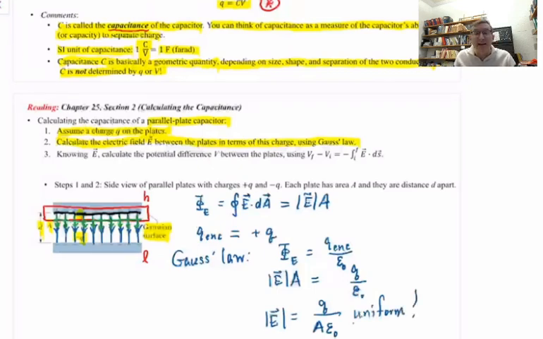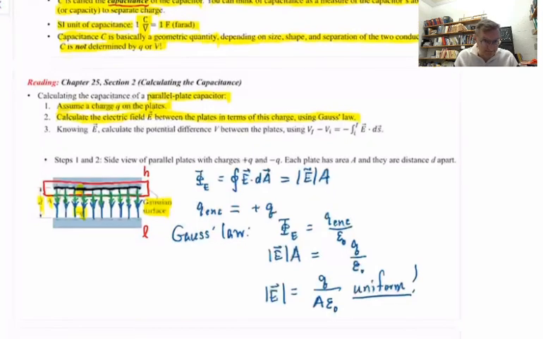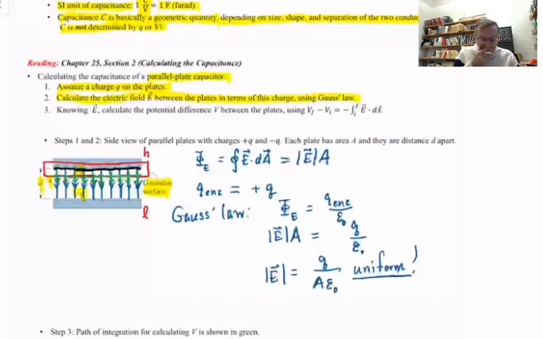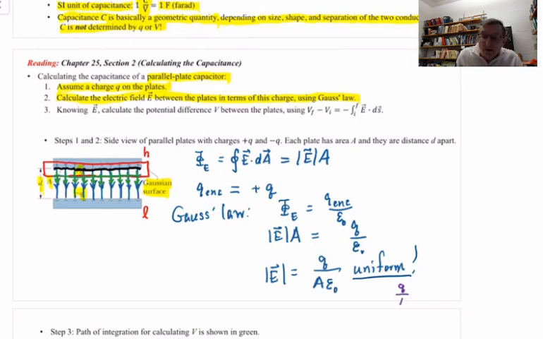That's really handy. That's one of the reasons the parallel plate capacitor is our favorite one for teaching. Now, one thing you might recall, depending on if you recall what we did in chapter 23, is you could take, I'll write it over here to the side, the total charge on the upper plate divided by the area of the upper plate and call that the charge per unit area, sigma, the surface charge density on the upper plate.